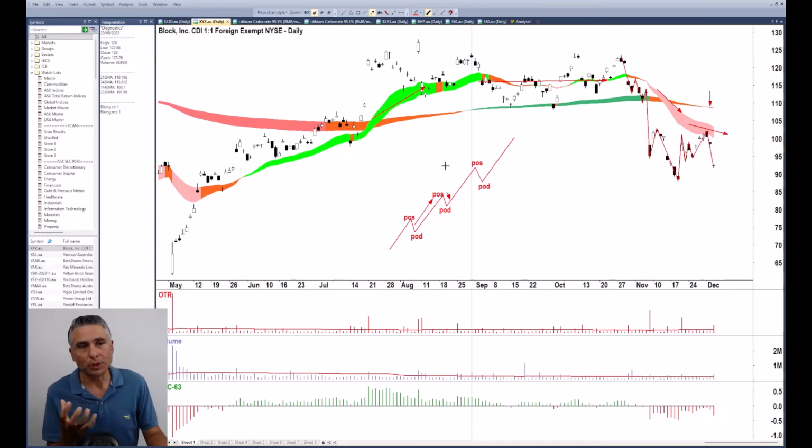One way we can put this into a rule, and it might take you a couple of goes to get this, is that the last point of demand should be at or above the second from last point of supply. So in this scenario, let's assume this is today. What's the last point of demand? This is the last point of demand, we'll call it point of demand 1.